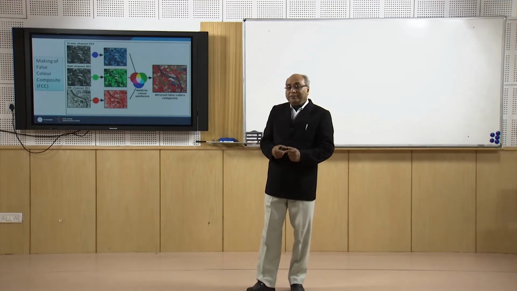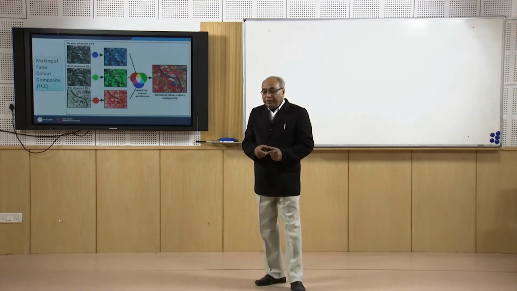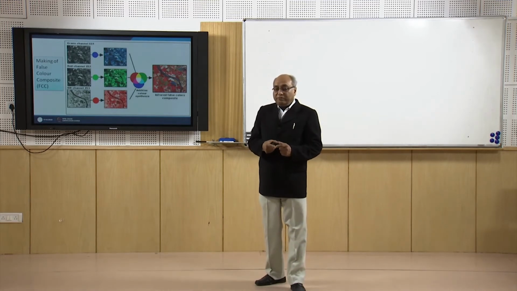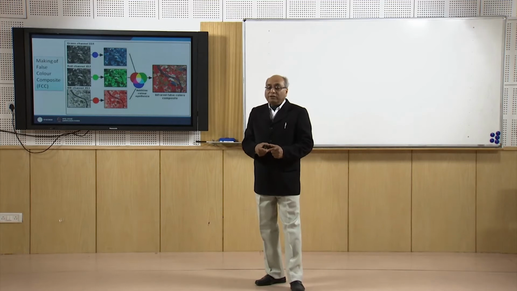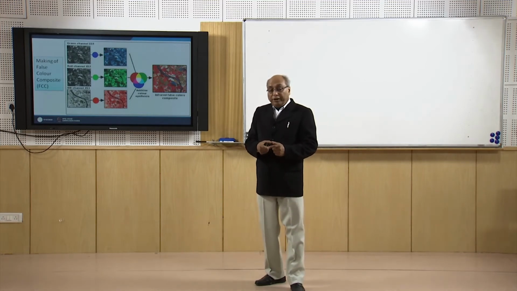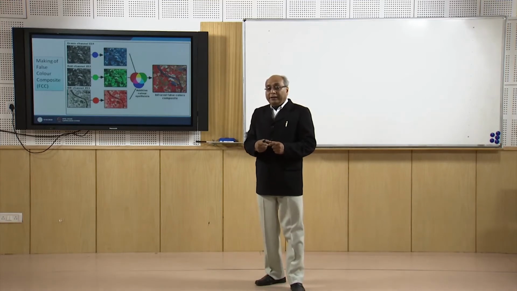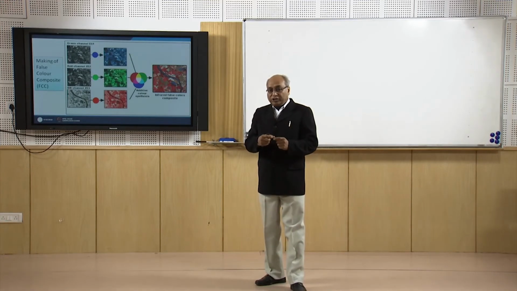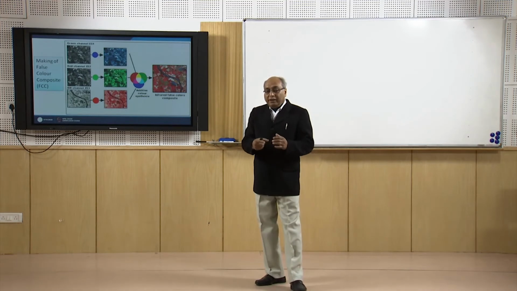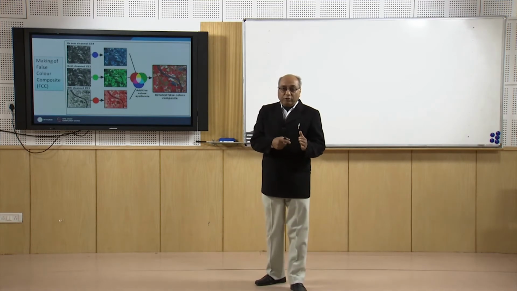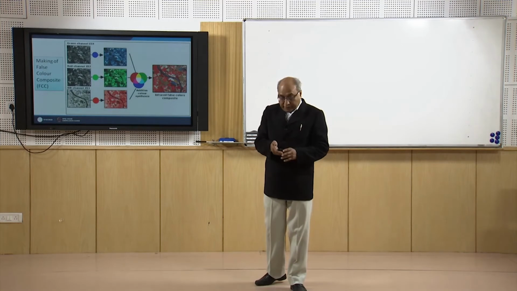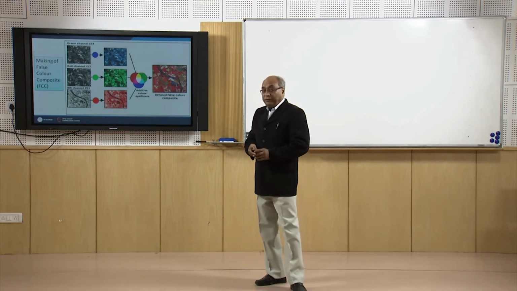This became essential because we know from spectral curves that vegetation reflects maximum in the infrared or near infrared part of the EM spectrum, and we want vegetation to be discriminated very easily from bare soil, rocks or any other objects present on the surface of the earth.